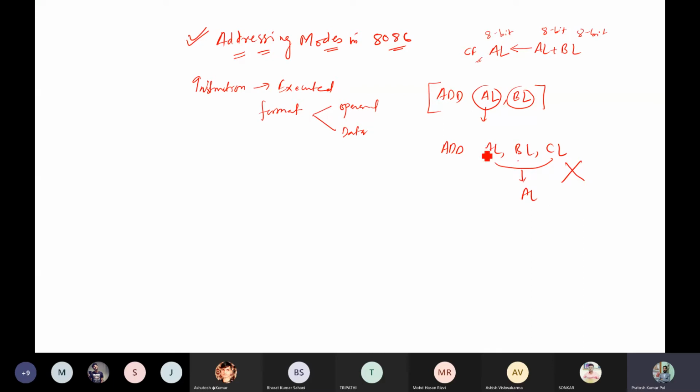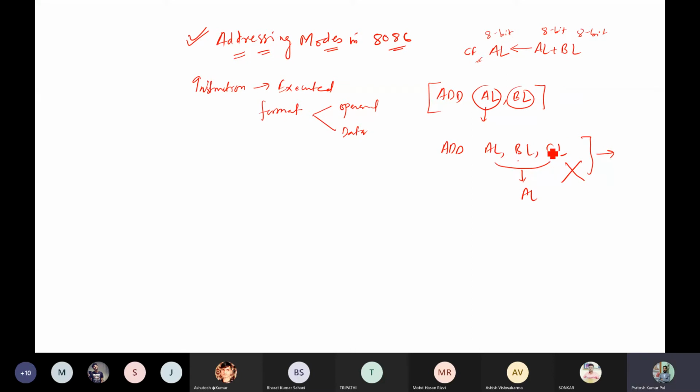If we provide any operand other than the specified addressing mode formats, then the microprocessor will not be able to understand whatever instruction we are providing.